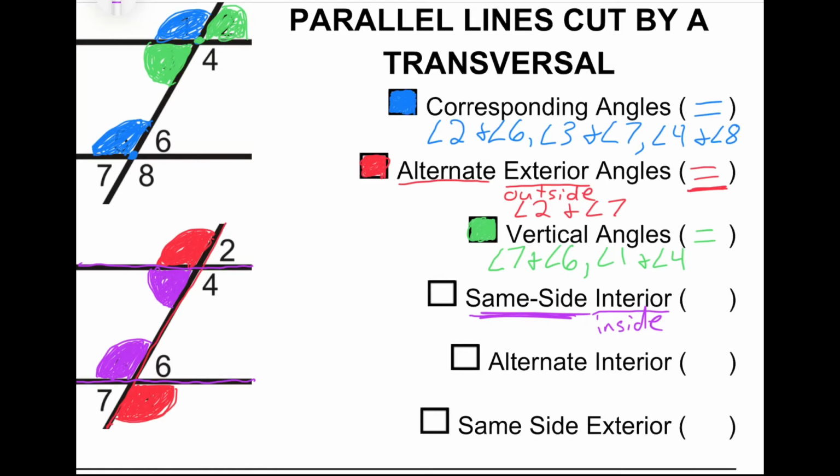Now the other pair of same side interior would be angle 4 and angle 6. These, though, are not going to be congruent. Maybe you can see that in angle 3 and angle 5. They are actually going to be supplementary, meaning they're going to equal 180 together.